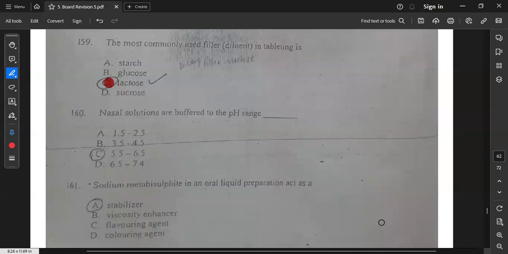So nasal solutions are buffered to the pH range of 1.5 to 2.5, 3.5 to 4.5, 5.5 to 6.5, or 6.5 to 7.4. The answer is C, 5.5 to 6.5.